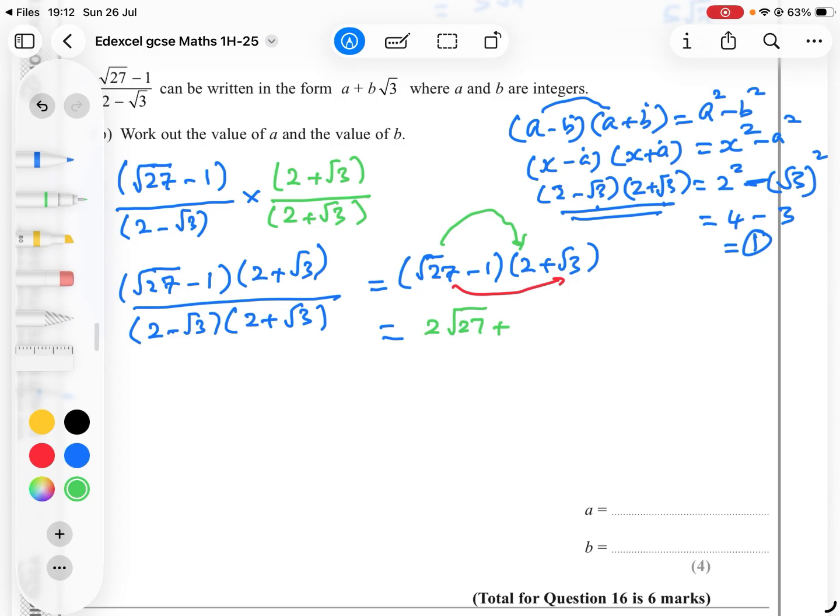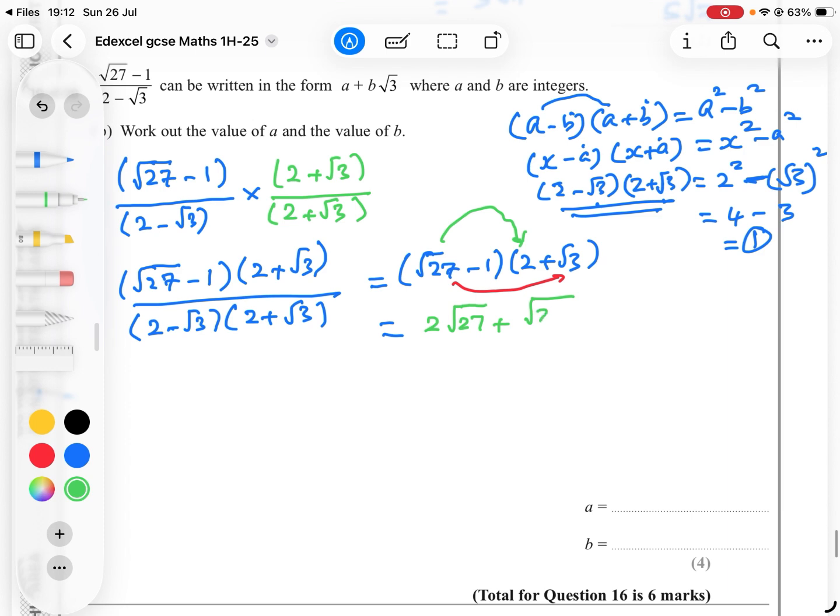root 27 times 3. Then minus 1 times 2, minus 2.